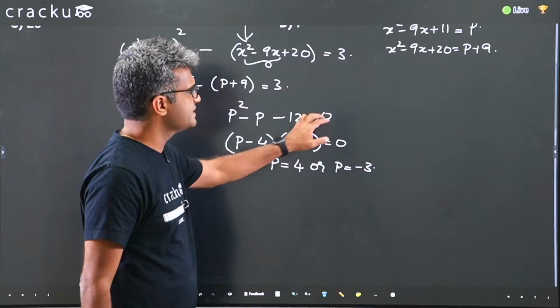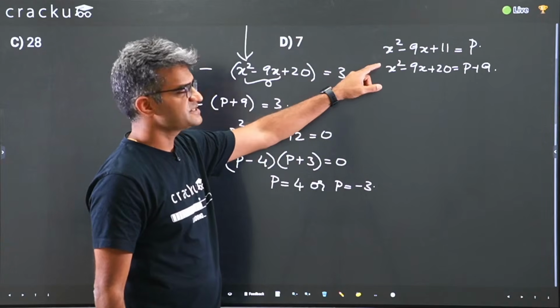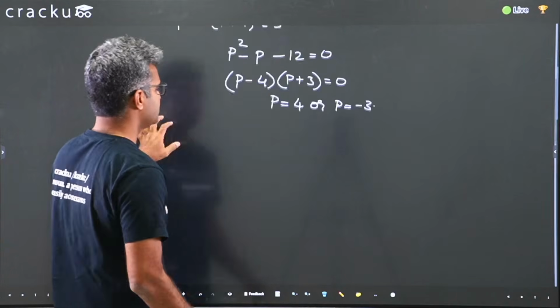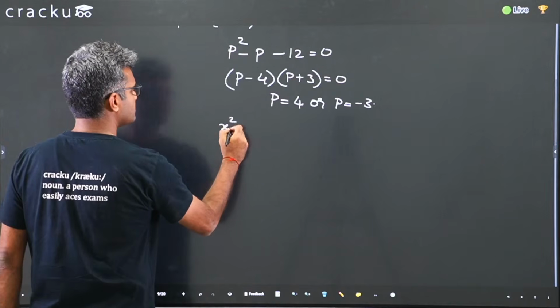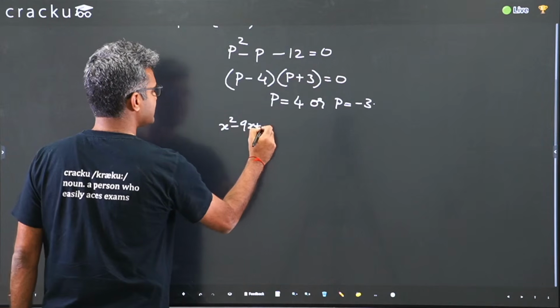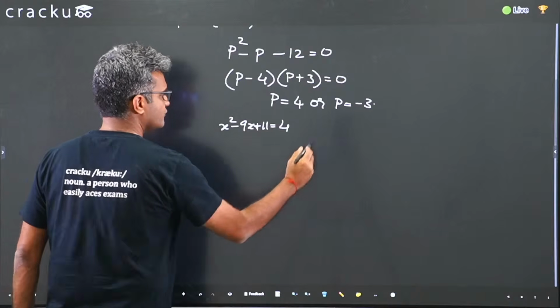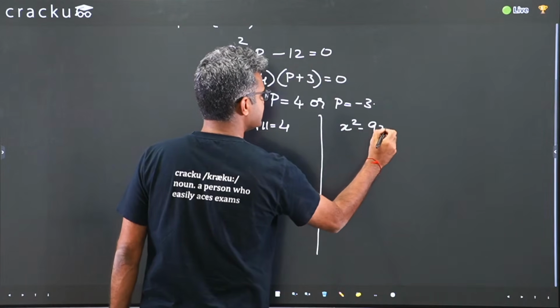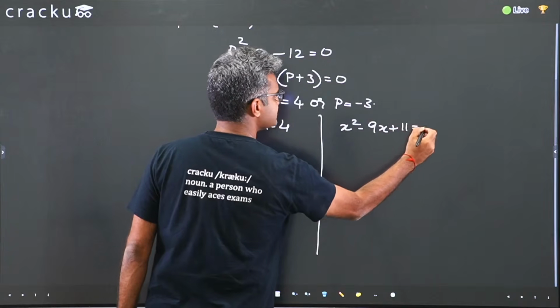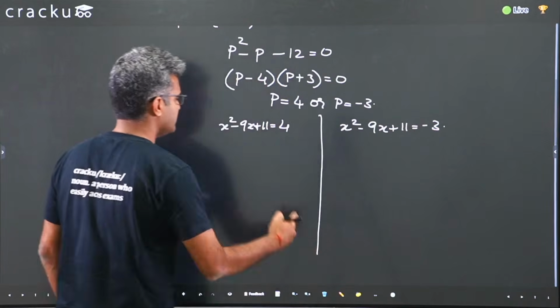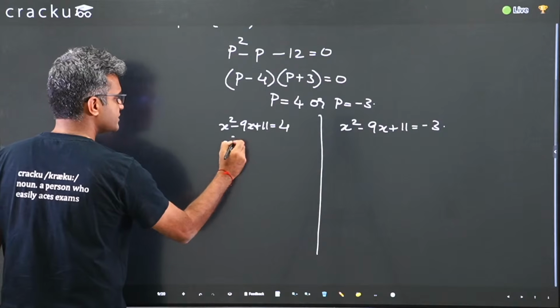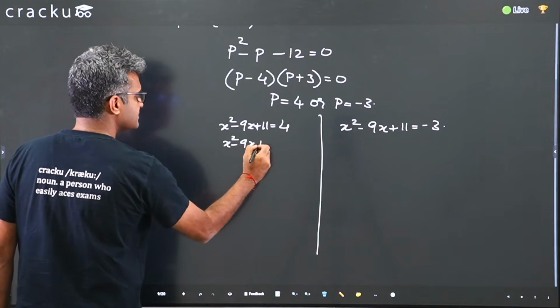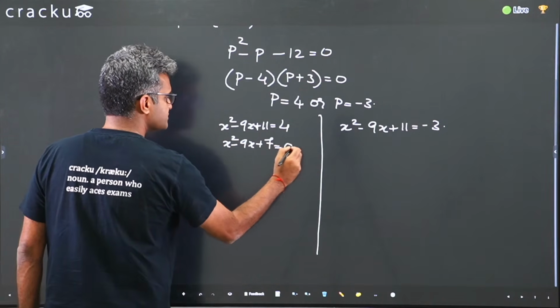But what is p? p is x² − 9x + 11. So either x² − 9x + 11 = 4, or x² − 9x + 11 = −3. In the first case, x² − 9x + 7 = 0.